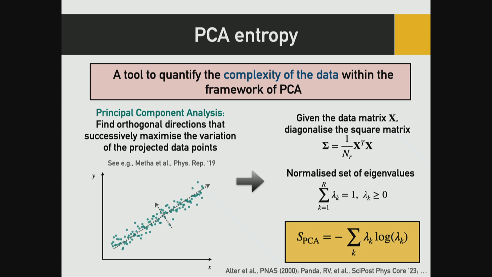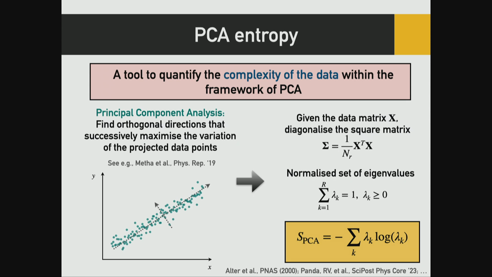Suppose that you have solved the eigenvalue problem for that matrix sigma. Then you get a set of eigenvectors and a set of eigenvalues. The eigenvectors you use in order to define the principal components, these principal directions. And the eigenvalues essentially tell you the spread of the data in the corresponding directions.